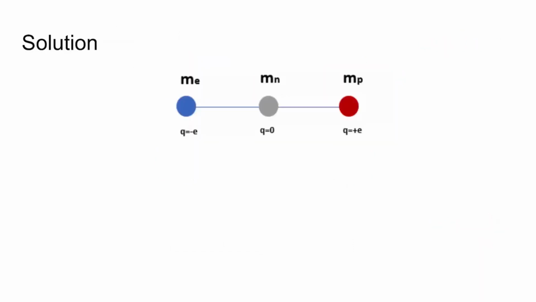Coming to the solution, this is the exact situation told in the question. The neutron is placed exactly at the center of the line joining the electron and the proton, and at t equal to 0 they are released. Once they are released from the external means that was used to hold them earlier, the force acting between them comes into action. Electron and proton will attract each other by some electric force, let this be Fe.